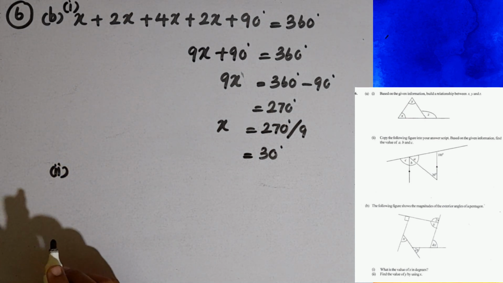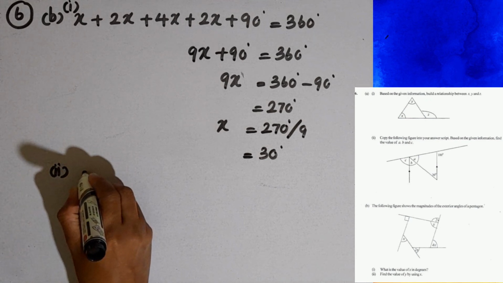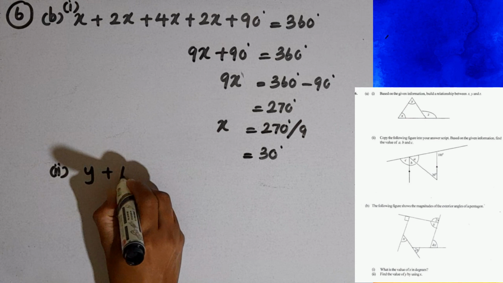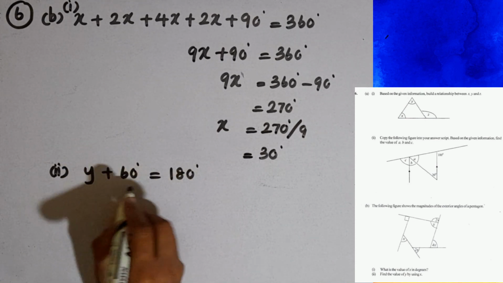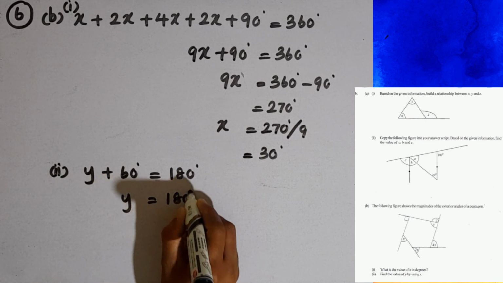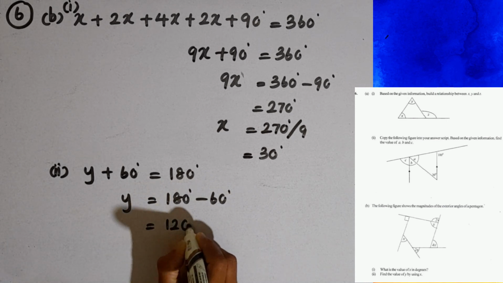Here 2x and y are supplementary adjacent angles. Yes, then I can write y plus 2x is equal to 60 degrees. The sum is 180. So y equals 180 minus 60, that is 120 degrees.